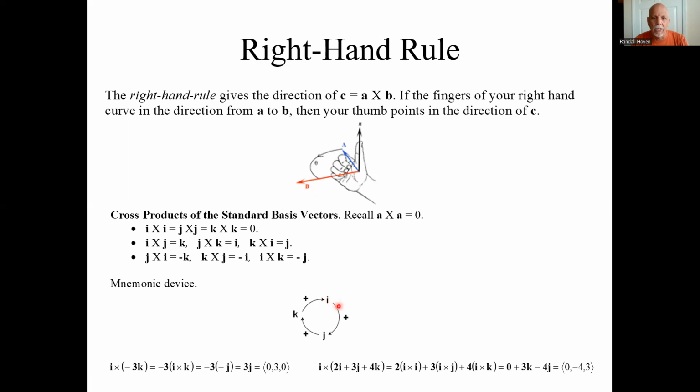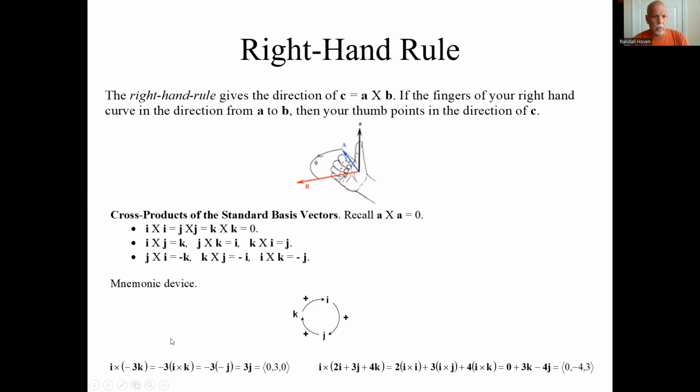If I do I cross J, I'll get a positive K. J cross K, I'll get a positive I. K cross I, I'll get a positive J. If I go the opposite way, so I cross K, I'm going counterclockwise, I'll get a minus. J cross I, going the opposite direction, I'll get a minus K.